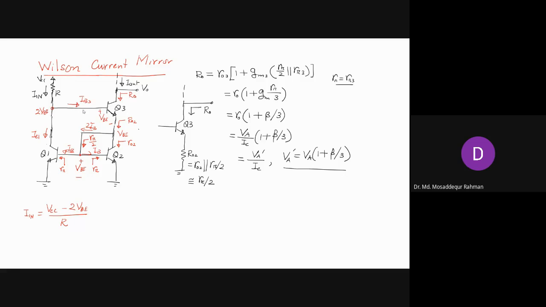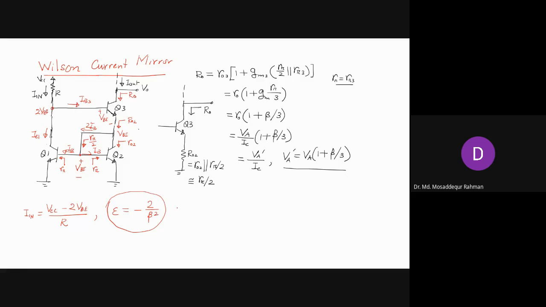Because of the sharing of these base currents by the two sides, the error due to finite beta is minus 2 by beta square. Of course, there are many steps of analysis before you get this, like we showed for the cascode current mirror. Similarly, by writing the equations for different currents, it's basically application of KCL, and assuming that beta is much larger than 1, we get this error, minus 2 by beta square.